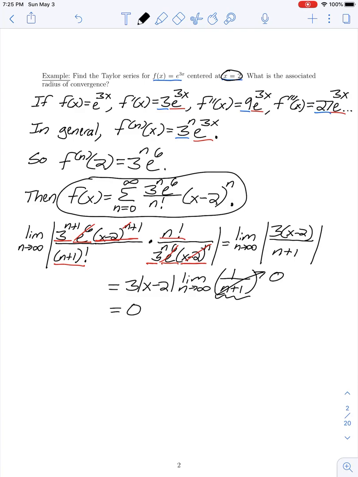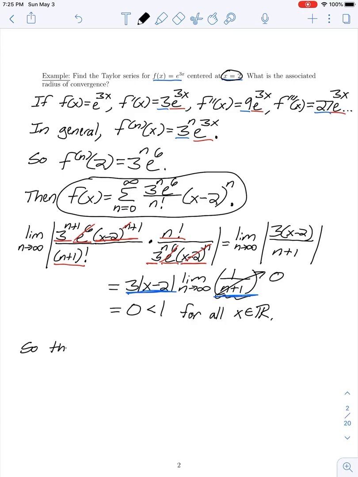So we get a limit of 0, which is less than 1. And notice that we get that limiting value of 0 regardless of what the value of x is. It doesn't matter what this constant out in front of the limit was, since this limiting value is 0. So any constant that we had out front multiplied by 0 leaves us with 0, which is less than 1. So we can say this holds for all values of x, which are real numbers.